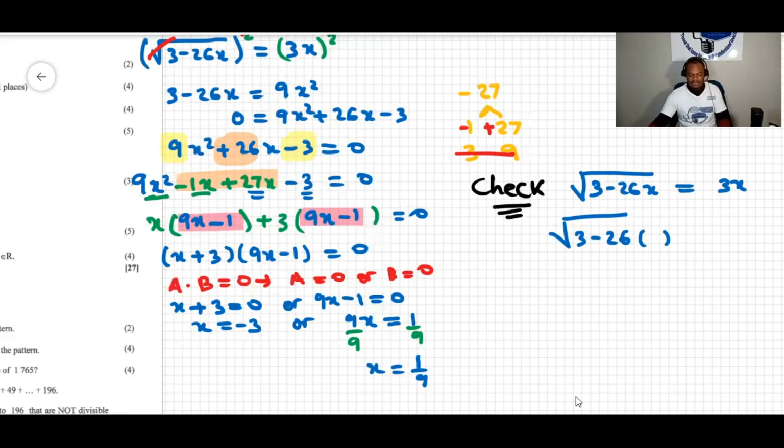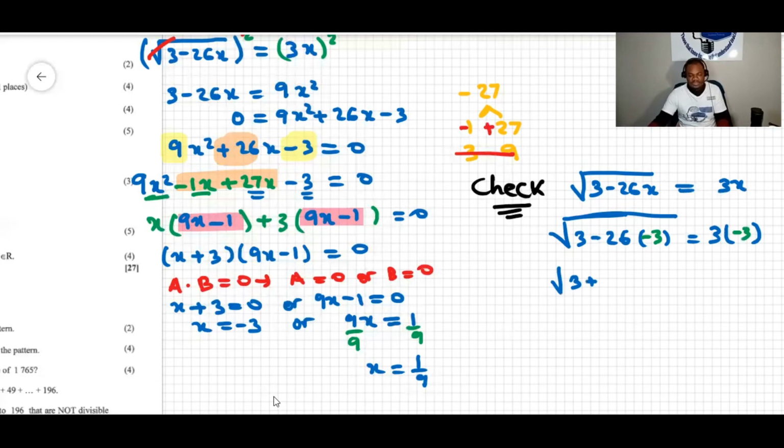The square root of 3 minus 26x equal to 3x. Now, if I substitute the value of x, which is -3, on both sides, this will be the square root of 3 minus 26 times -3, which will make a positive 78.